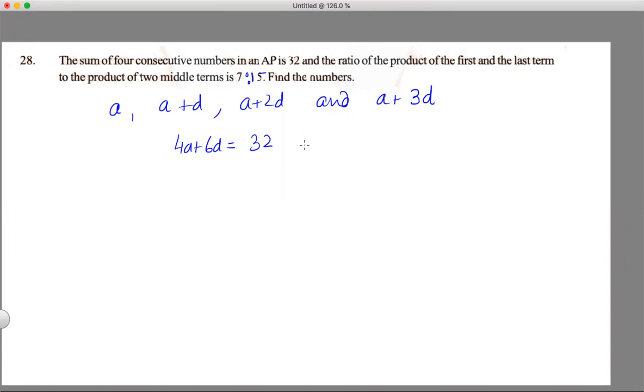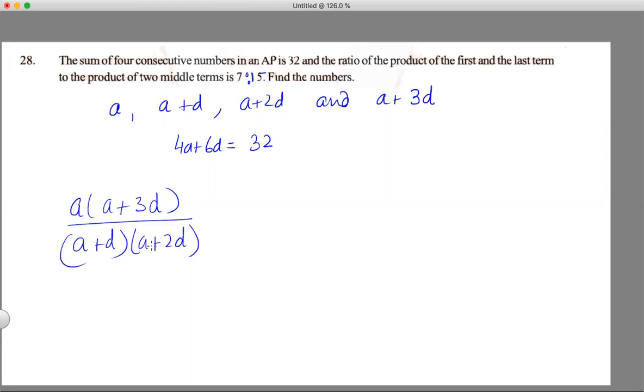Understood? Now the ratio of the product of the first and the last term is given. So the first term and the last term, A times A plus 3D, divided by A plus D times A plus 2D, is equal to 7/15.